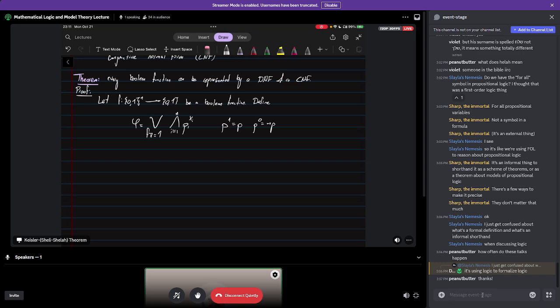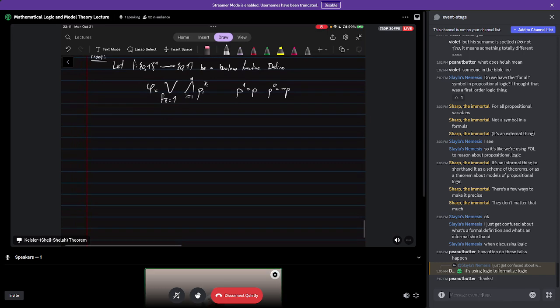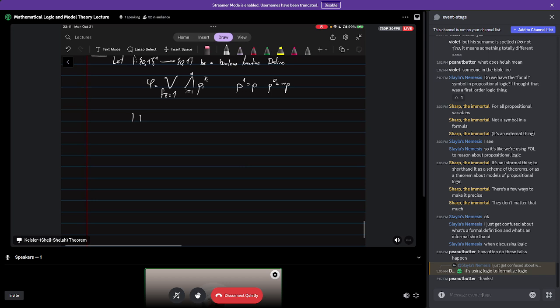Okay, so for example, let's take a look at implication. Let's write down quickly the truth table for implication again. That's 1, 0, 1, 1. So we have to take the disjunction over these three lines, these three vectors. So we're going to need 3 disjunctions.